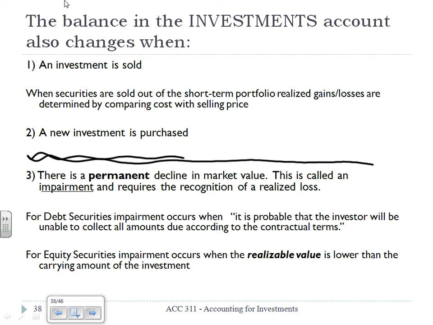So if those investment assets are impaired, we will recognize a realized loss. And for debt securities, impairment occurs when it is probable that the investors will be unable to collect all amounts due according to the contractual terms. For equity securities, impairment occurs when the realizable value is lower than the carrying amount of the investments.